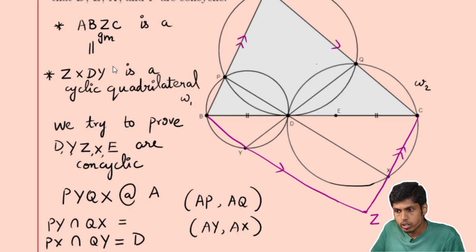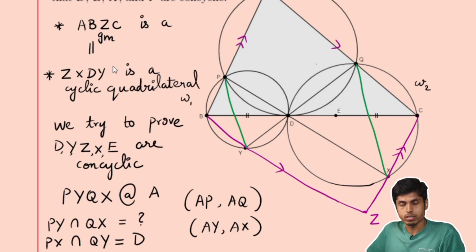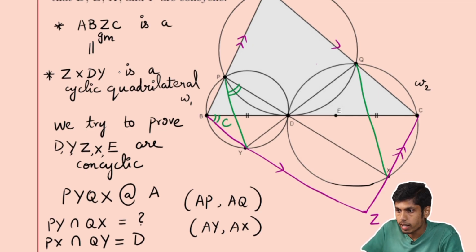But what about PY intersection QX? In fact, PY and QX are parallel to each other. The reason is that if you consider this angle, then it will be equal to this angle, which is C, because I know that AC is parallel to BZ.